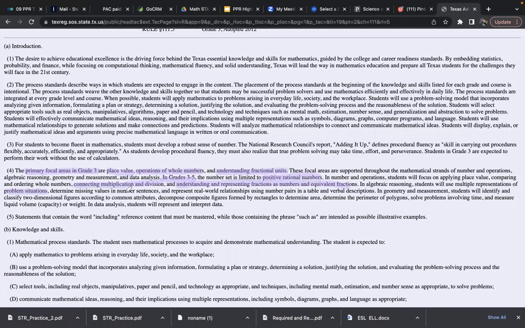Determining missing values in number sentences. So again, they need to be able to order and compare whole numbers. And number sentences represent real world relationships using number pairs in tables and verbal descriptions.